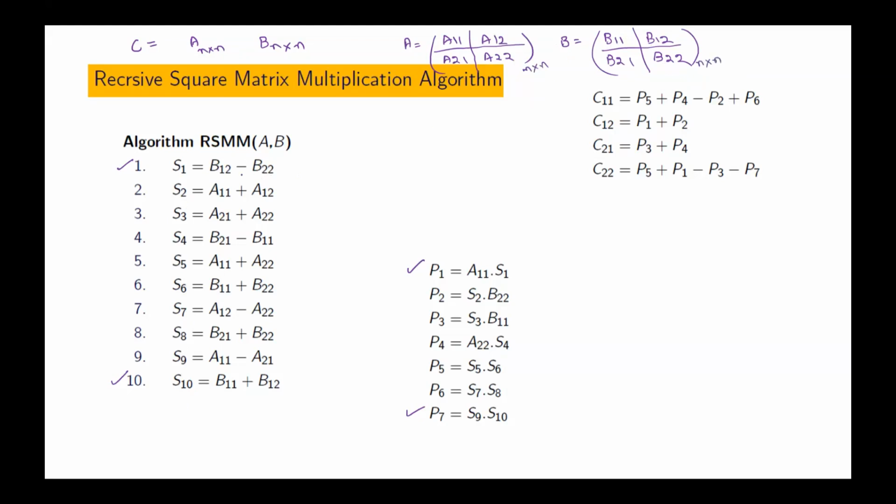Now tell me, what is the time we require to calculate S1? Square time. Exactly, sir. It is one matrix B12 minus B22. What is the order of this?